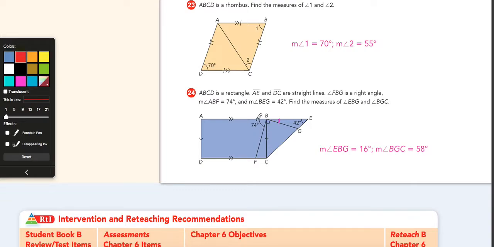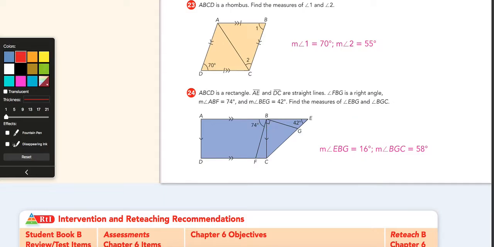This 74-degree angle plus this 90-degree angle plus this angle have to all equal 180. So I have the 74-degree angle plus the 90-degree angle plus, we'll say n, equals 180. So 90 and 74 is 164. So 164 plus n is 180. I subtract 164 from both sides. I get that EBG equals 16.